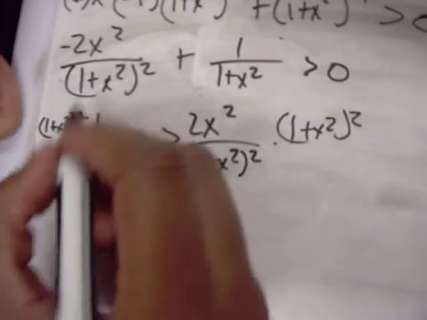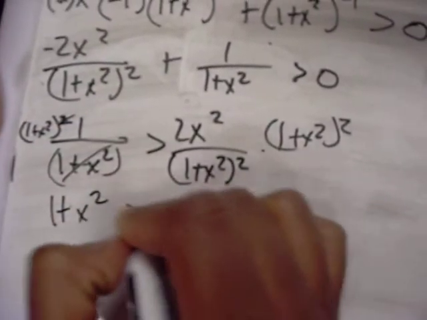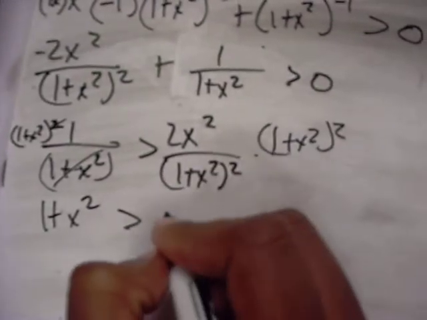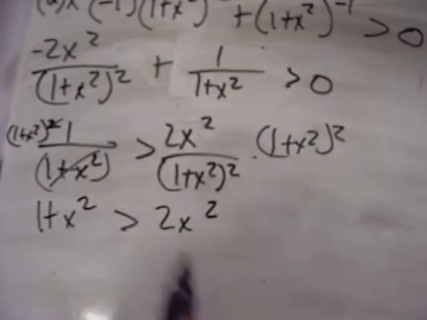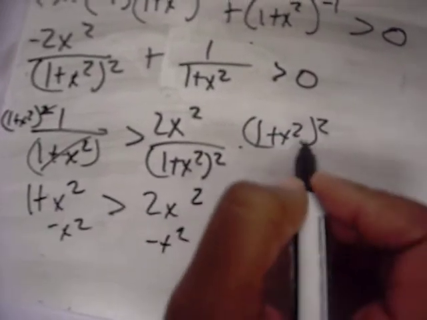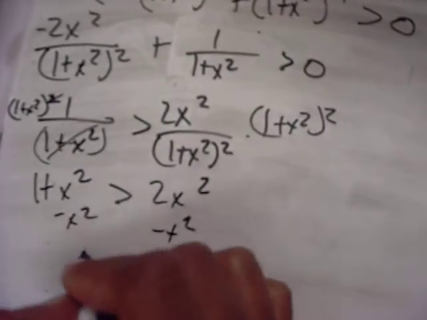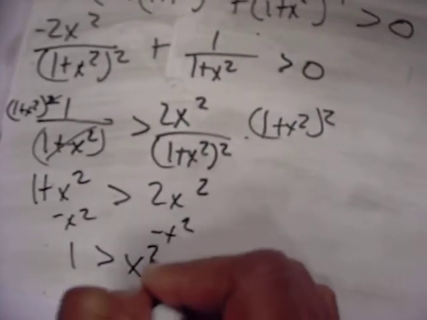And this cancels out. And you're left with 1 plus x squared on the top is greater than 2x squared. And you can subtract x squared from both sides. And since this is never going to be negative, you don't have to worry about switching the signs. So you're left with 1 is greater than x squared.